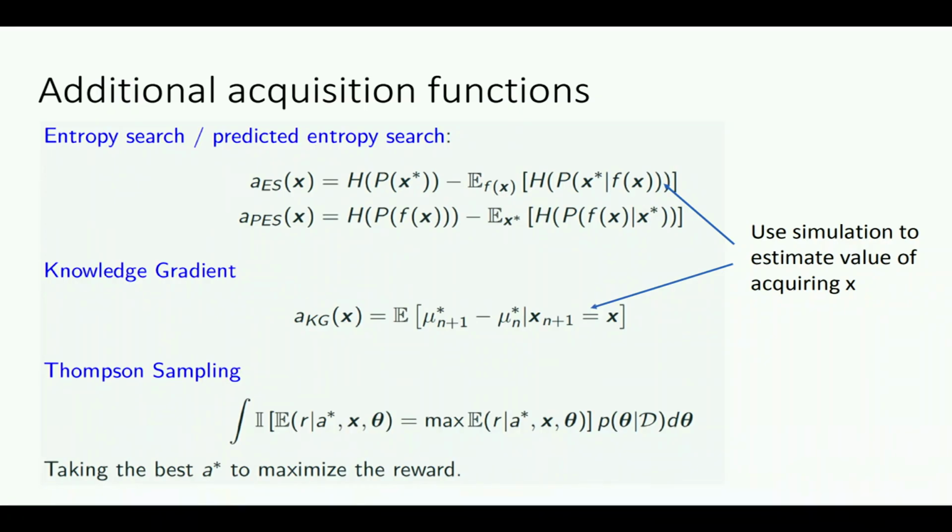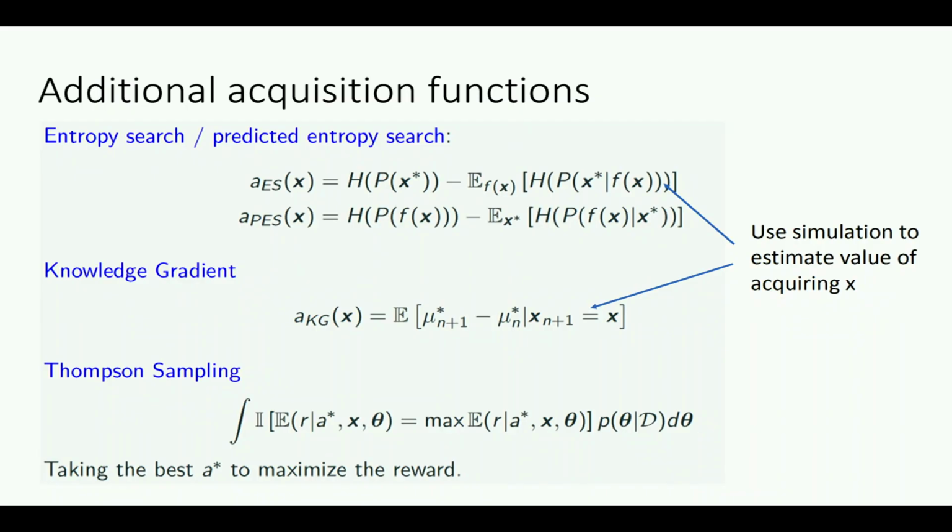Then you re-evaluate your GP function, and you get a new estimated entropy of the optimum of the new GP function. So entropy search tries to find the points that will effectively reduce this entropy or uncertainty of where your maximum could be, by using the hypothetical value of the point you query.